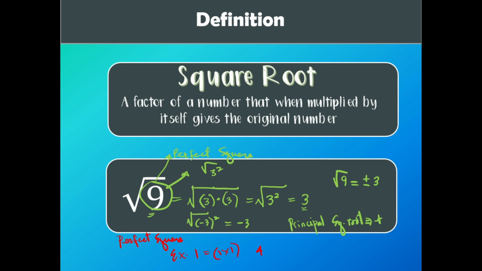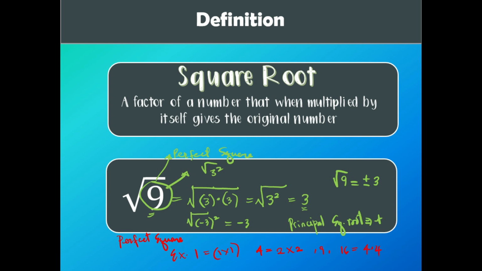Also, ang 4 is a perfect square since we have 2 times 2. Then, we have 9. We have also 16 because 16 can be rewritten into 4 times 4. Pag kukunin natin yung square root ng perfect square, madali lang since we can find number na multiply by itself. The answer is the radicand, okay, or the given number.